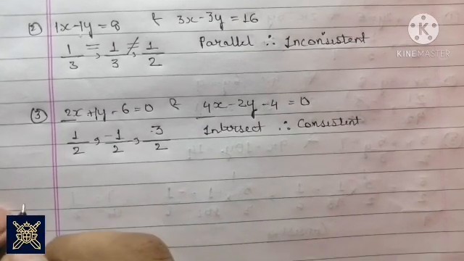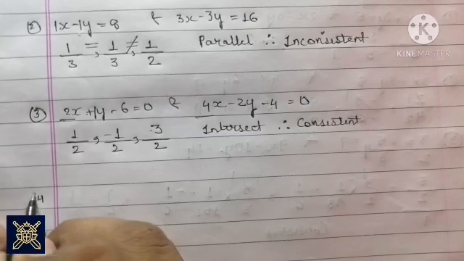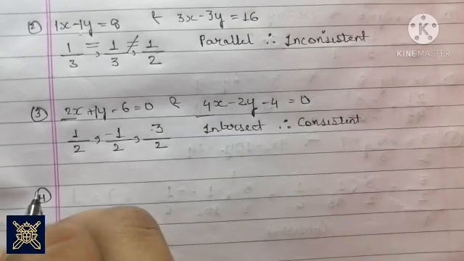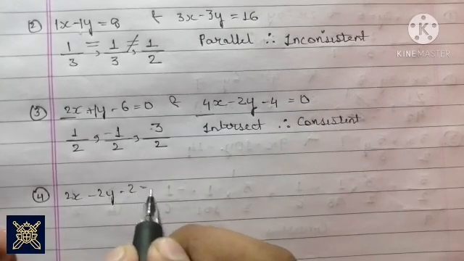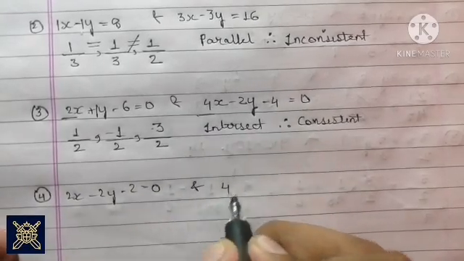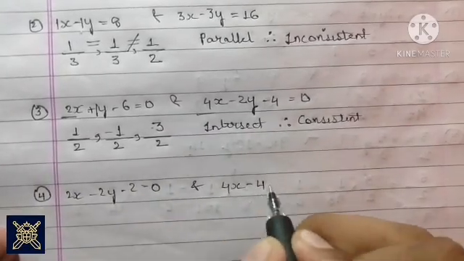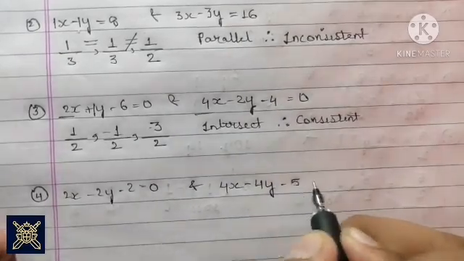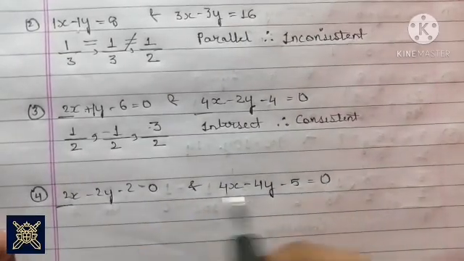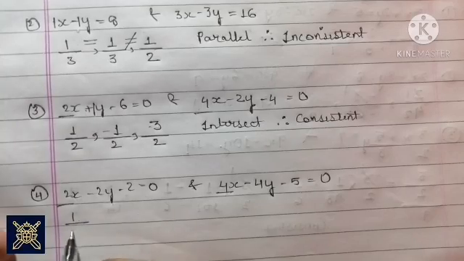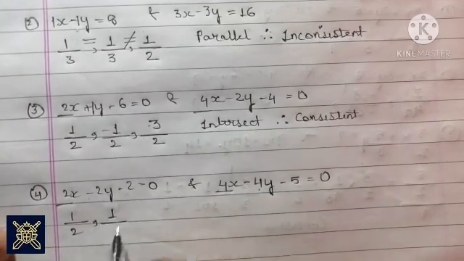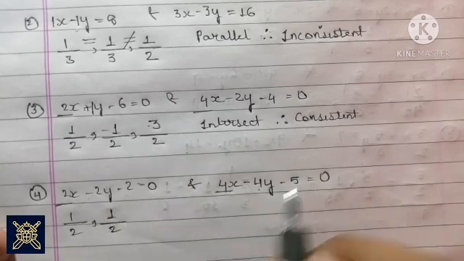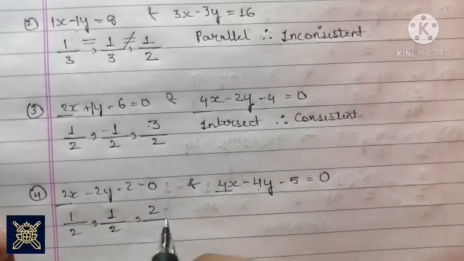Now let's move on to the last part of the question, the fourth one. Here you have 2x minus 2y minus 2 is equal to 0 and 4x minus 4y minus 5 is equal to 0. Again the ratio 2 by 4 is 1 by 2, minus 2 by minus 4 is also equal to 1 by 2, and minus 2 by minus 5 is equal to 2 by 5.